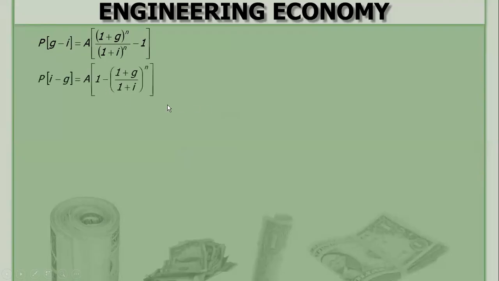The result is this one. To get rid of the negative sign since i is bigger than g. So, finally, we divide this by 1 minus g there.